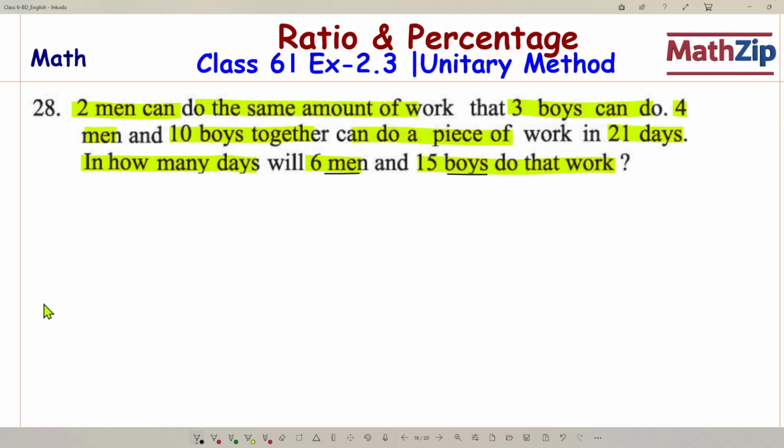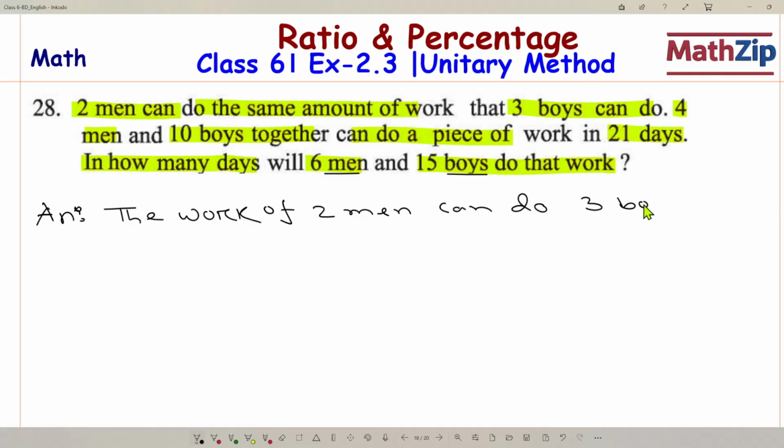right? So first we can write like the work of 2 men can do 3 boys, right?